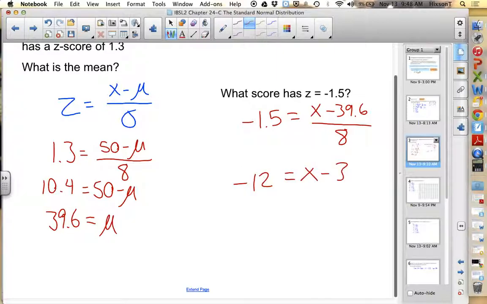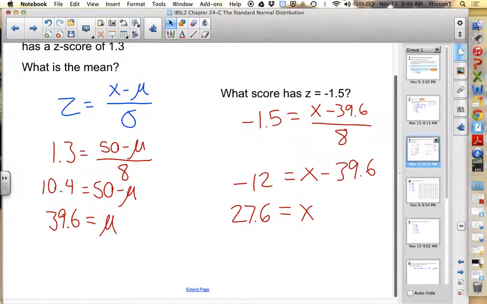That's x minus 39.6. Okay? So you add 39.6 to both sides, and x would equal 27.6. Okay? So that's another thing there. Once you know what that is, you can find the value that's a certain number of standard deviations away. Okay?